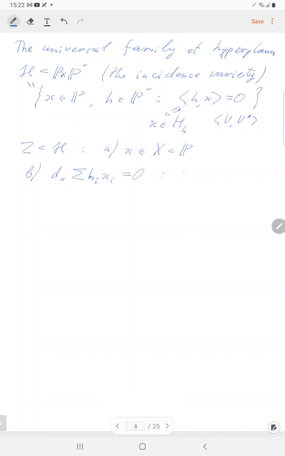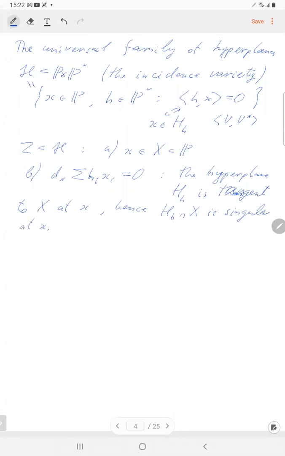So it means that the hyperplane H sub H is tangent to X at the point X. So the intersection of H with X is singular at point X.